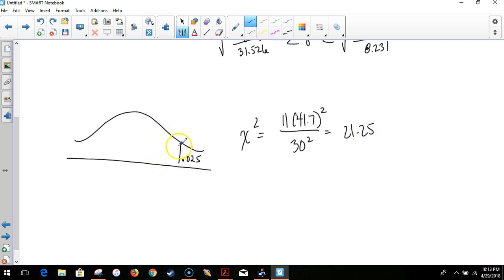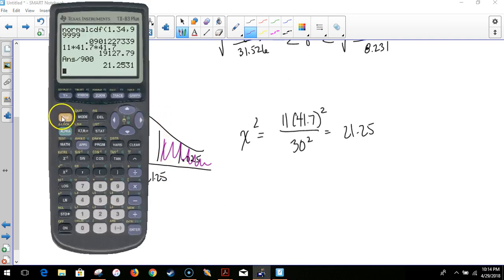Now, I don't know if it's on this side or if it is on this side, because the chi values are not symmetric. They don't start at a negative infinity, right? There's not a 0 in the middle. I start at 0 and I go up, so I really have no idea what's going on here. All I know is that this is a 21.25. So the question is, is the area under the curve more than this 0.025? Does it spill over into the fail to reject the null?